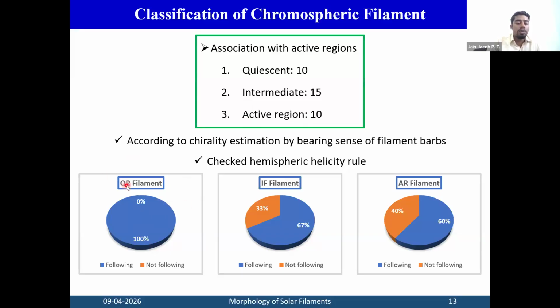When checking the quiescent filament case, we found that all the quiescent filaments follow the hemispheric helicity rule. In the intermediate filament case, 67% of the filaments follow the hemispheric helicity rule. And in the active region filament case, 60% of the filaments follow the hemispheric helicity rule.